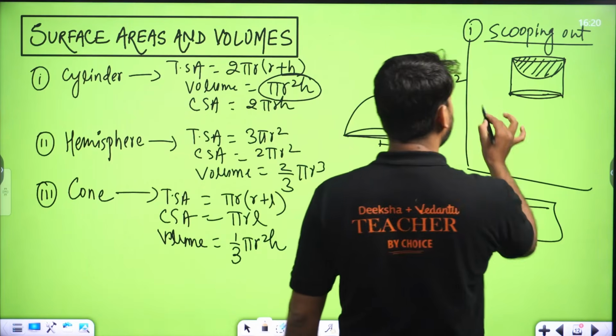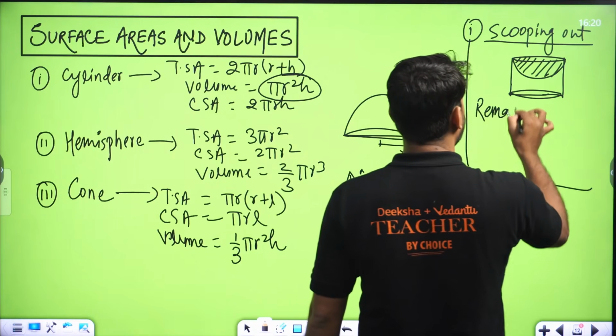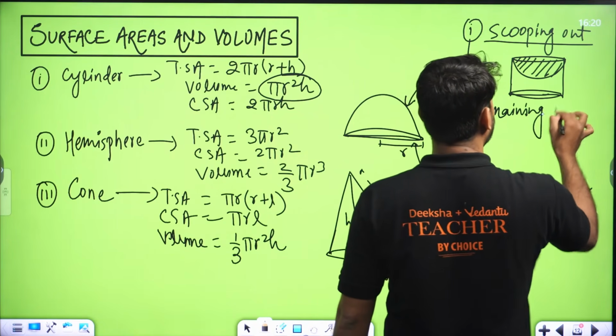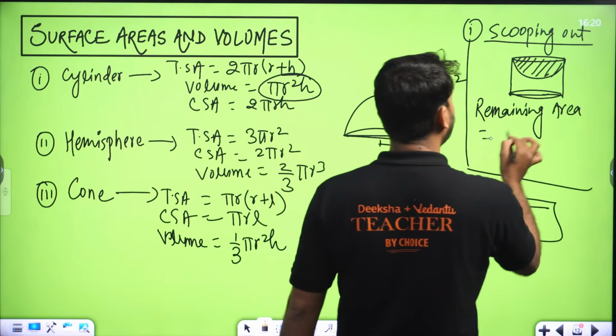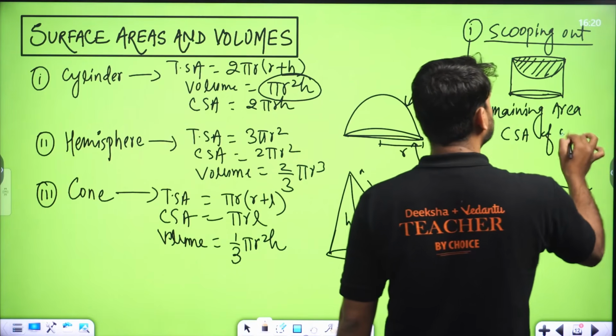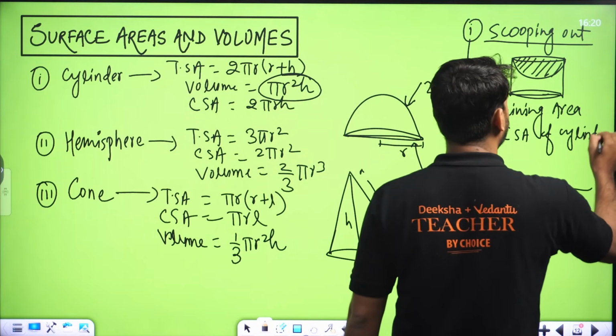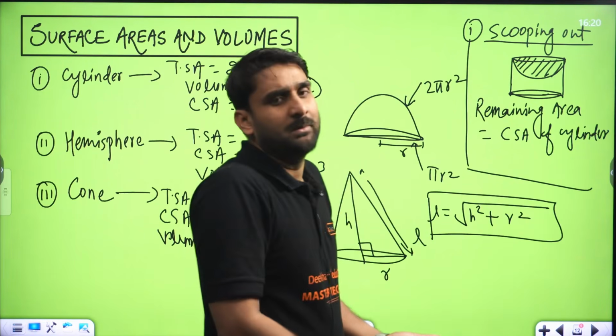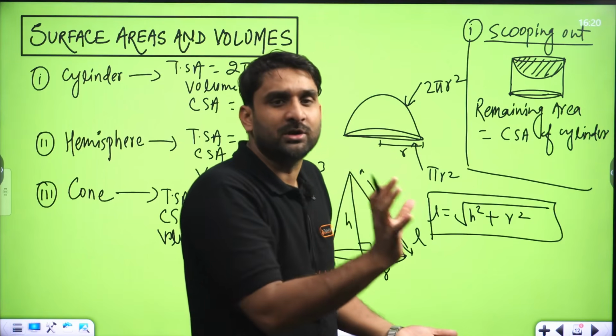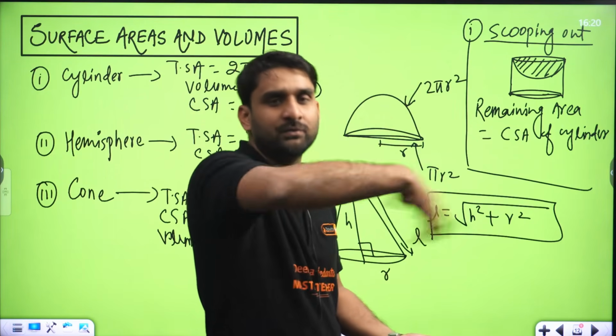So the remaining area will be what? The curved surface area of the cylinder. Yes, because there will be no disturbance to the curved surface area, as we have only scooped out one end of the cylinder.